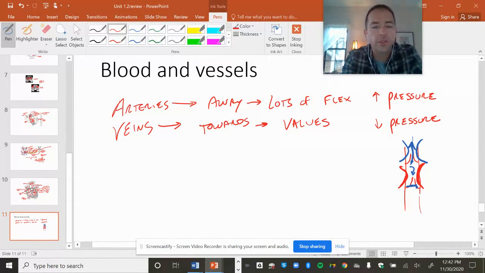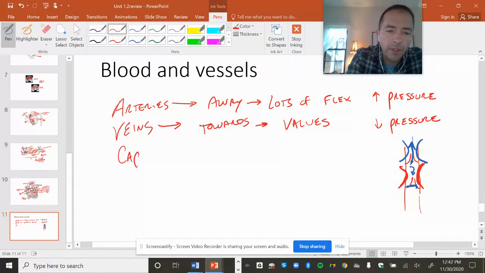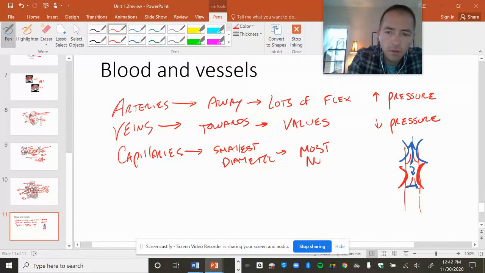The last of the vessels that you need to know are the capillaries. And the capillaries are the smallest diameter, they are the most numerous, and this is where you're going to get all of your exchange.